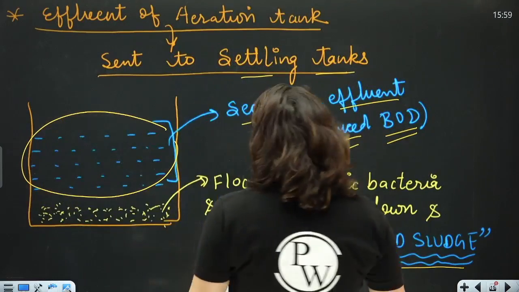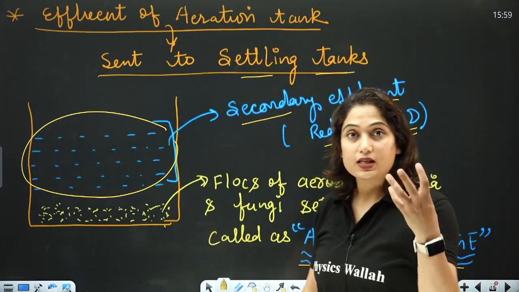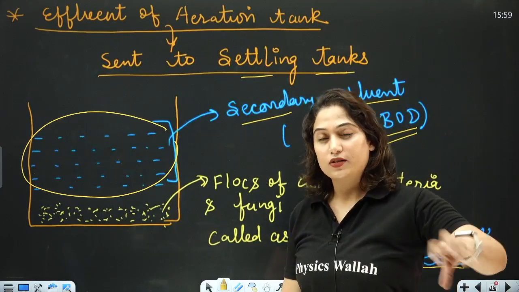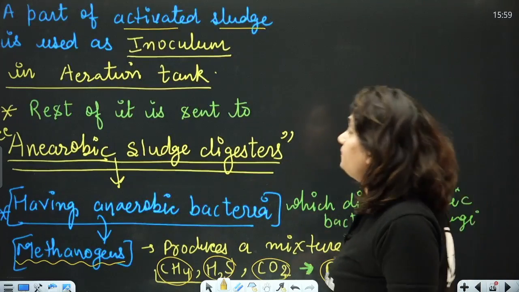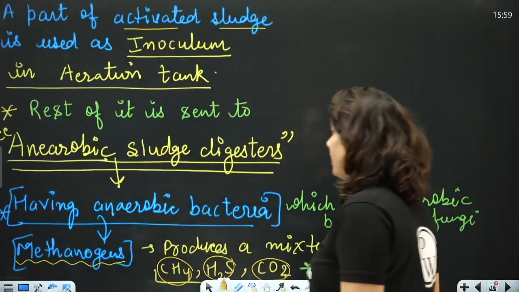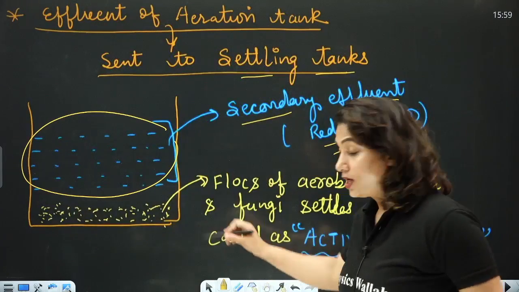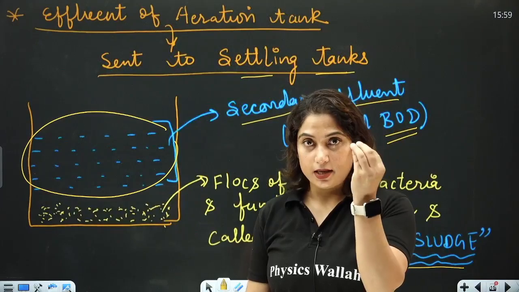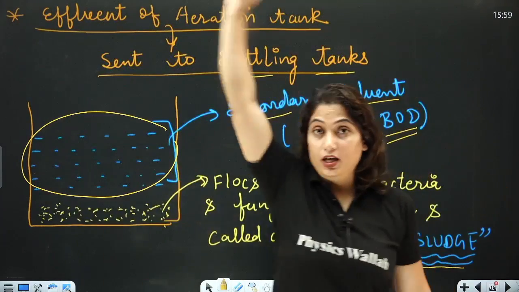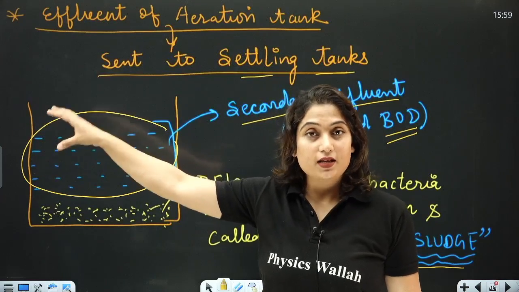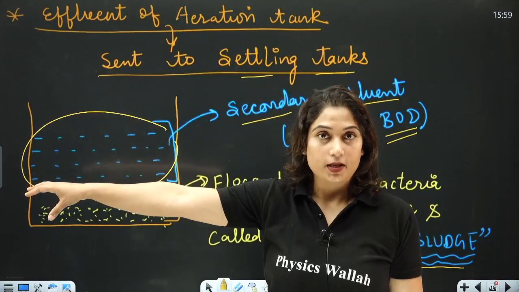Okay. Now this is the secondary effluent. That means the water which has undergone the secondary treatment, and now its BOD is reduced. Now, this is important: some part of this activated sludge, only some portion of it, is taken and transferred back to the aeration tank, because in the aeration tank, the aerobic bacteria will be needed, right?